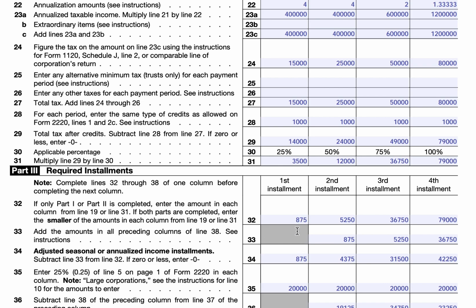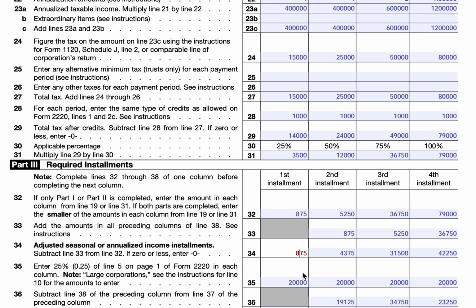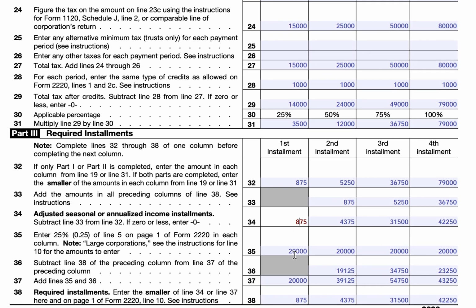So we simply drop the 875 down here. And then you'll see in line 25, we've taken 25% of the line 5 number from page 1, which happened to be $80,000. We applied that across the board, 20,000 in every quarter. So we bring that down here, and then the required installment happens to be the smaller of 875 or 20,000. So 875 is a smaller number. We bring this up here.